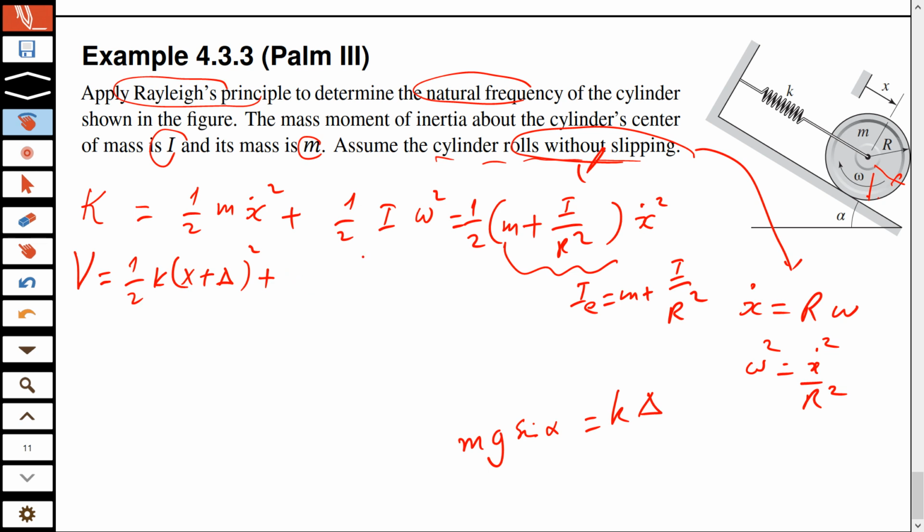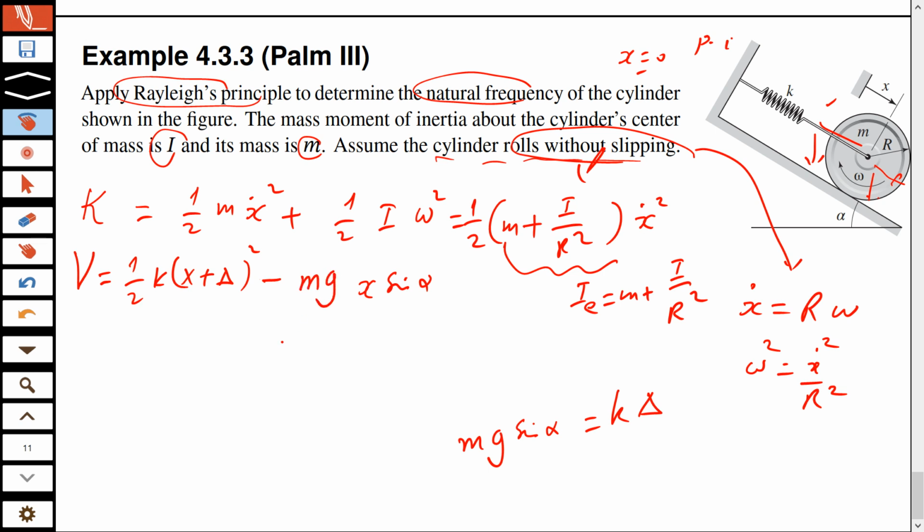And we also need to write down the gravitational potential energy. If we take x equal to 0 as the reference, the potential energy there is 0. So the vertical component of x is x sin of alpha, and we need a minus sign because the potential energy will decrease when you come down from that reference.